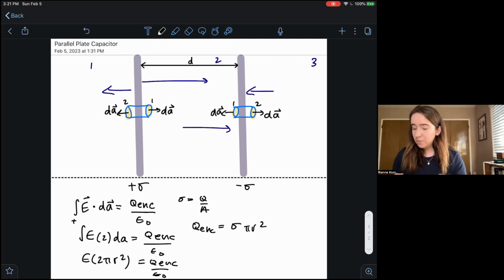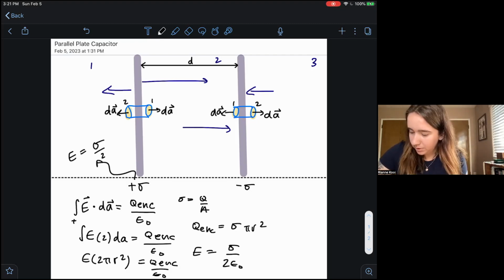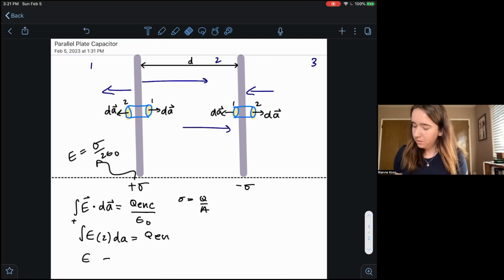And so what we're left with is that E for this positive one is just going to be sigma over 2 epsilon naught. So that's for this one right here. Okay, so that's for the positive one.